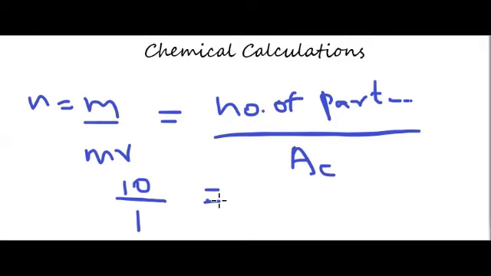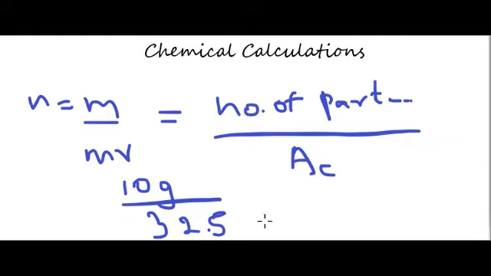Let's take the atom sulfur, and we have 10 grams of sulfur, and the MR is 32.5. It varies; it can be 35.5 or 32.5 sometimes. This is the most accurate value, so you can take it as 32.5, or if there's another value in your periodic table, you may use it. It's the atomic mass of sulfur.